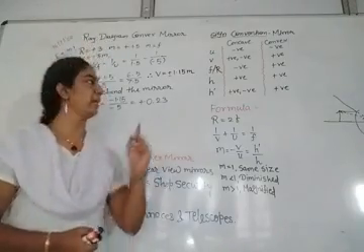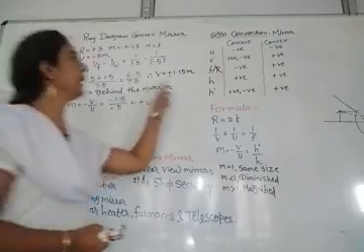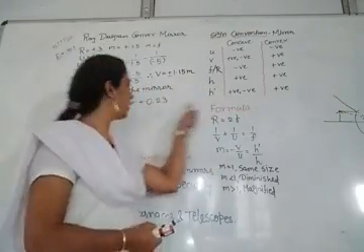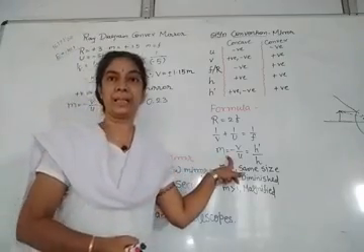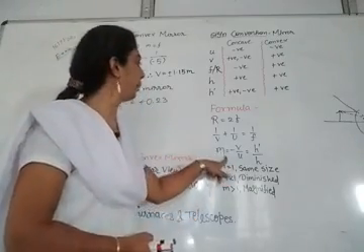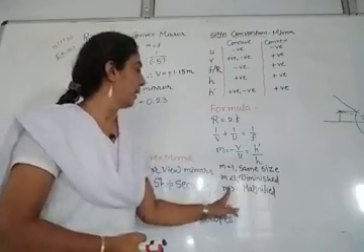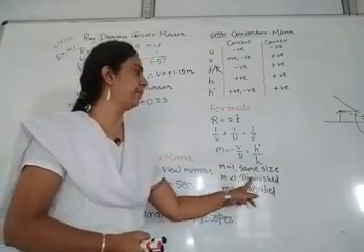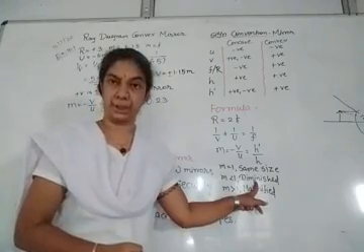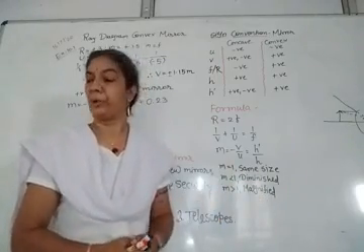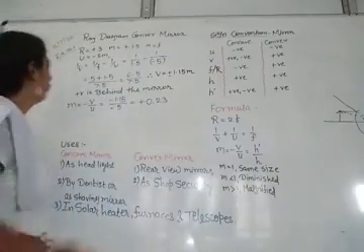It means that we get an erect image, and 0.23 is less than 1, which means the size of the image will be diminished. Let us try to draw the ray diagram for this.